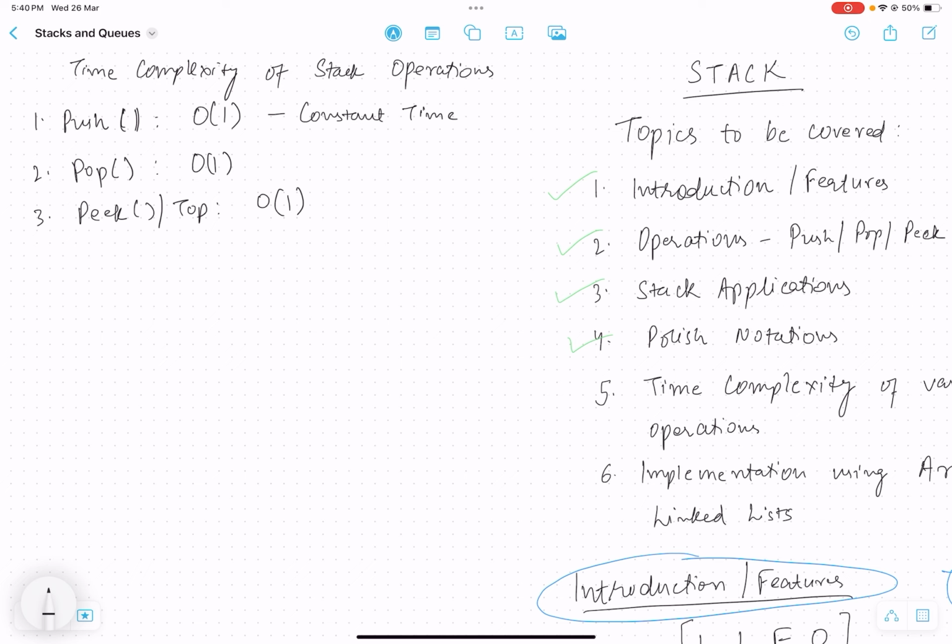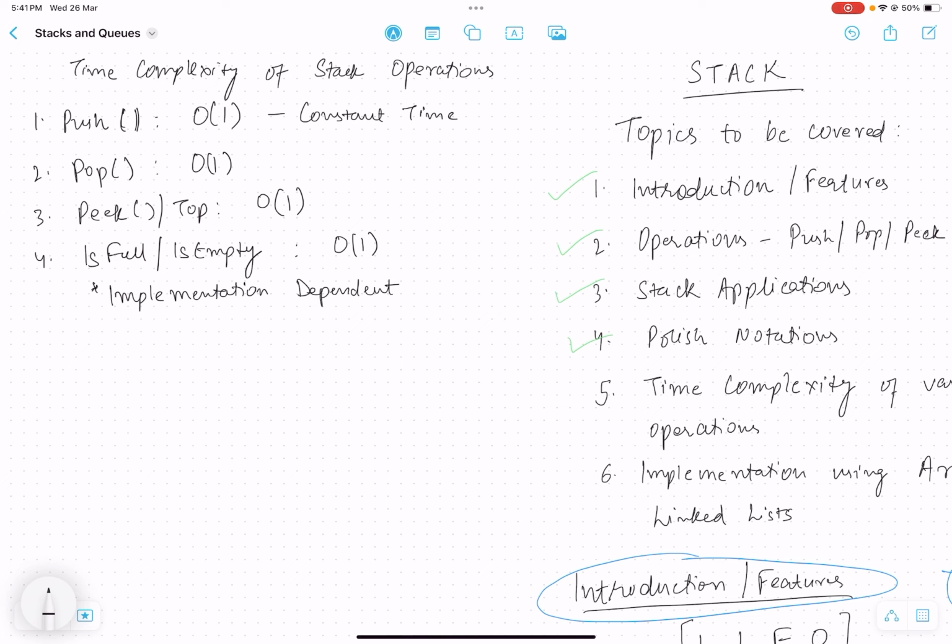Right? Fourth one is full or is empty. These will again be constant time, but with a caveat that these are implementation dependent. You can have a class variable which will store the current size of the stack.